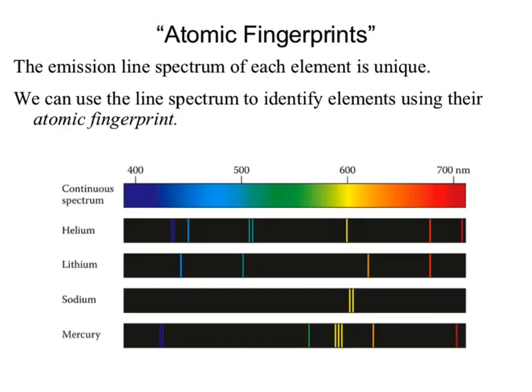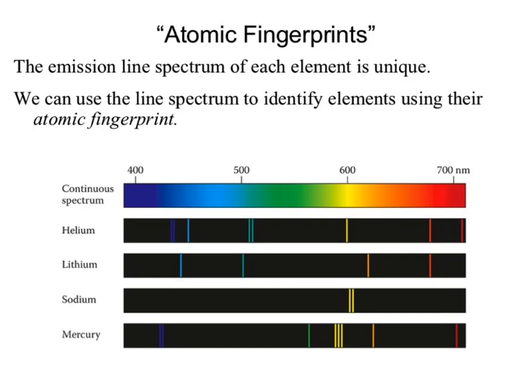What can we do with these? Okay, well, if we take a look at a continuous spectrum, there's our rainbow. If we look at helium, how many lines do you see for helium? 6. Some people, should it be 7? 1, 2, 3, 4, 5, 6, 7, 8.